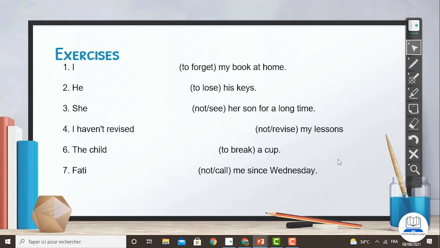Exercises. So the verb to forget: my book at home. The rule is the auxiliary have plus the past participle of the main verb. So with I, it's I have.